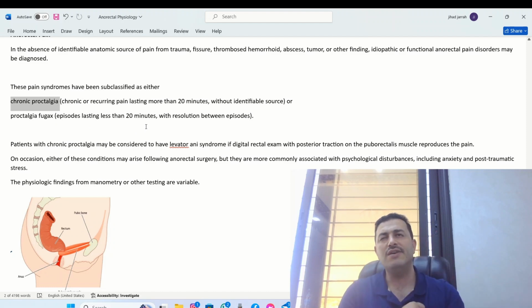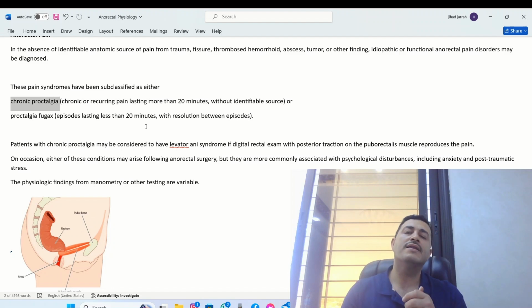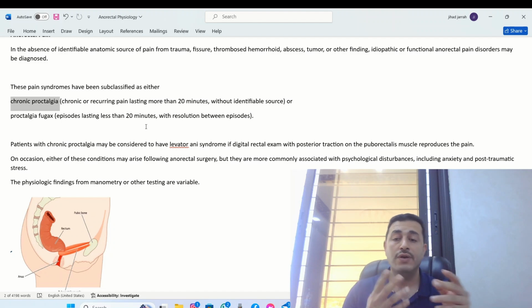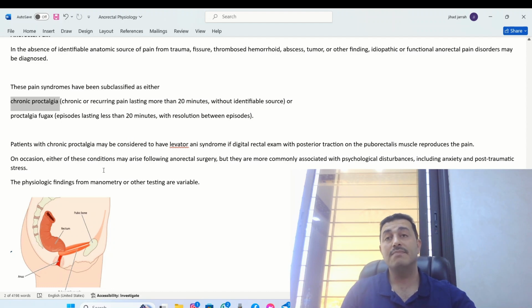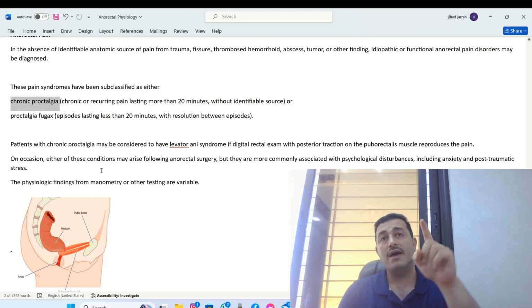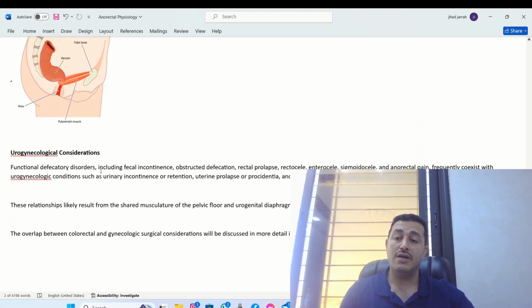It's a severe, intense, transient pain that may be idiopathic, associated with psychological disturbances, or sometimes explained by inflammation of the puborectalis muscle. It can be elicited during digital rectal exam, with tenderness at the anorectal junction.